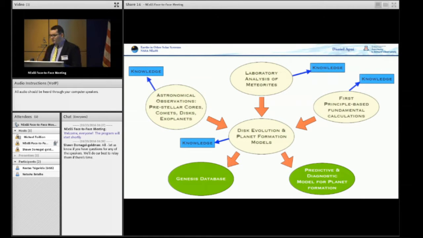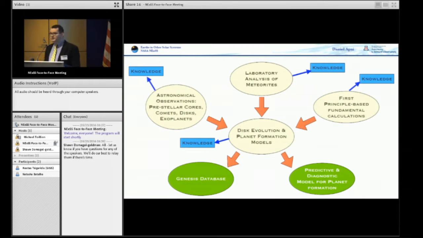So we combine basically the observational studies and laboratory studies with the models. The models drive the questions that the observations try to answer, and then the observations feed back to constrain the models and verify them.